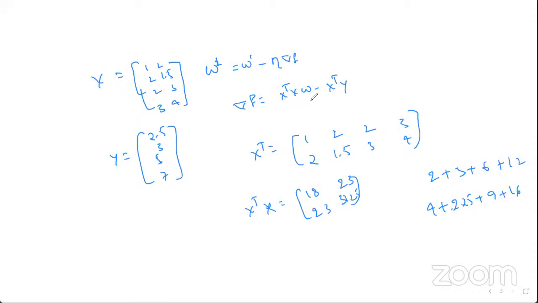We need to find X transpose X, W, right? X transpose X, W, it's going to be equal to 18, 23, 23, 31.25 multiplied by W. Until now, am I correct? The calculations, is this okay?